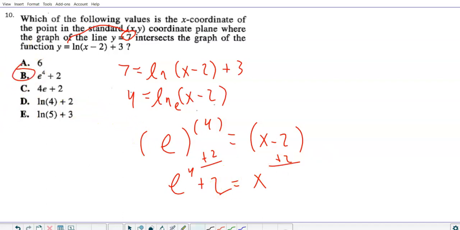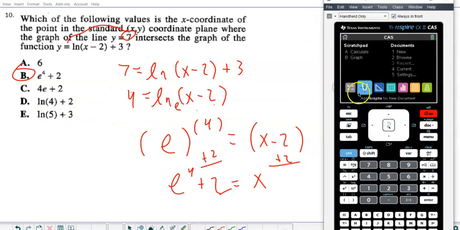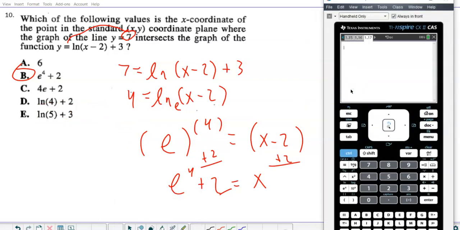If you want to just use your calculator to plug that in, you can do that on a calculator screen, right? So you can actually type in natural log of x minus 2 plus 3, put the vertical bar, and say x equals e to the 4th. I think there's the e to the something key, e to the 4th plus 2.